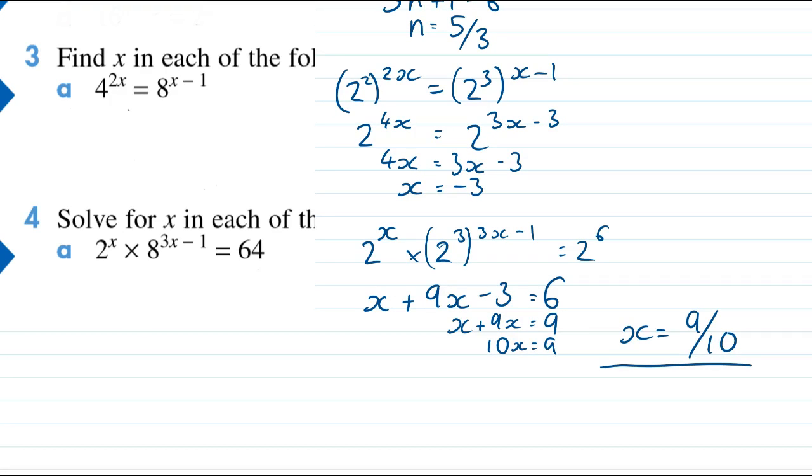Just remember to follow the rule that when we times two numbers together that are in index form, we add the indices, and that's why there are different signs over there. Sometimes I'll make mistakes, but that's one that is deliberate. It's got to change from a times to a plus.